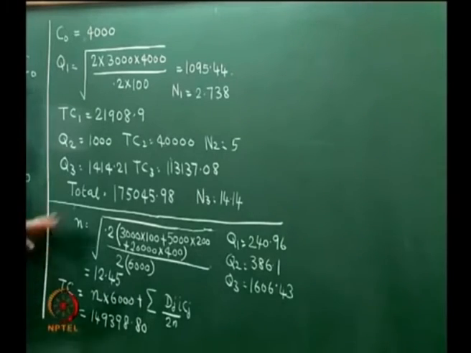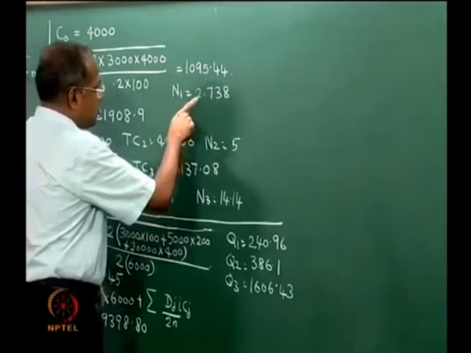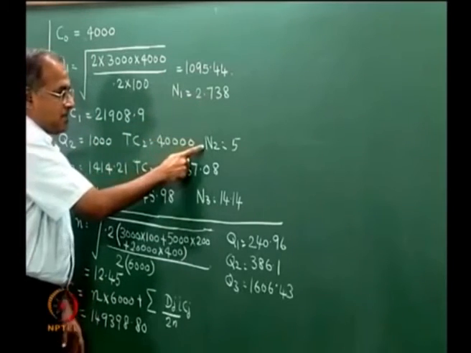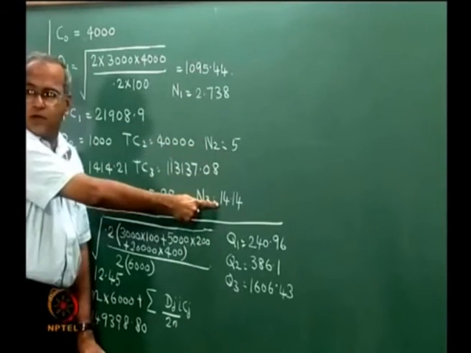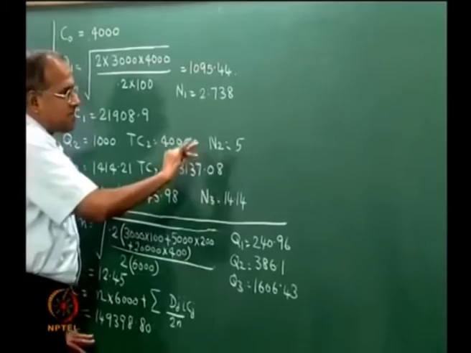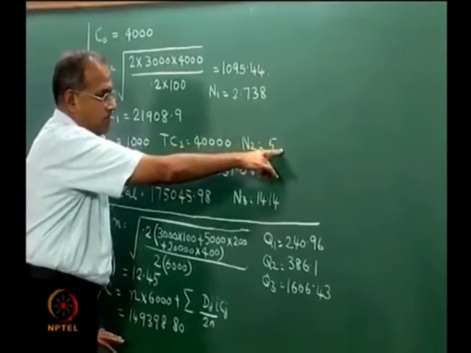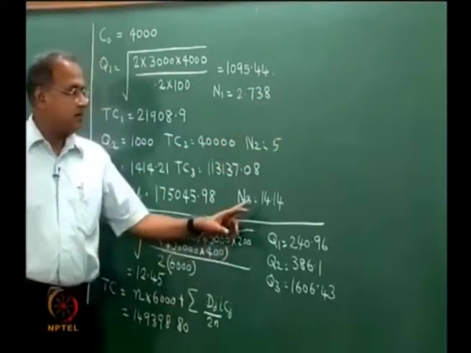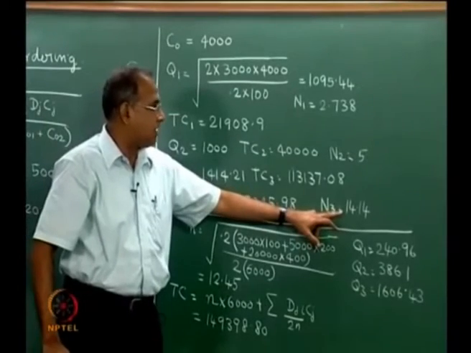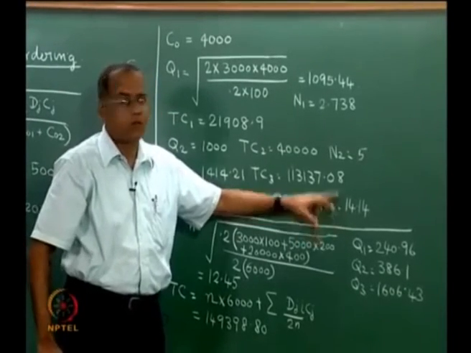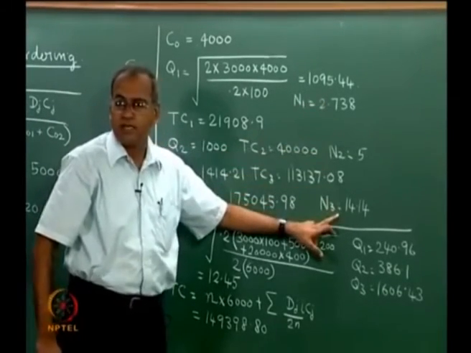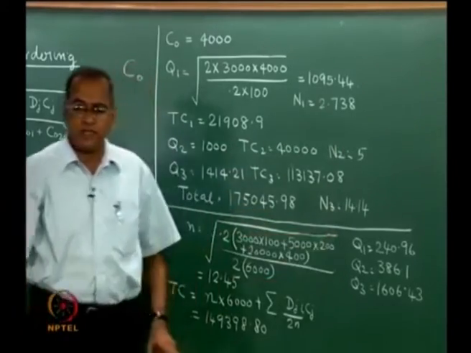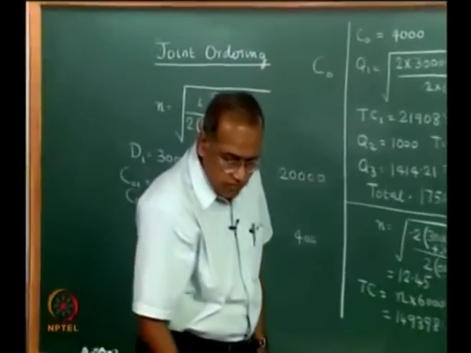So, if we look at this, alone, this is 2.738, this is like 5 and this is 14.14. So, this is roughly 1:2 is to some number like 5, this is like 1:2:5, that is the number of orders.